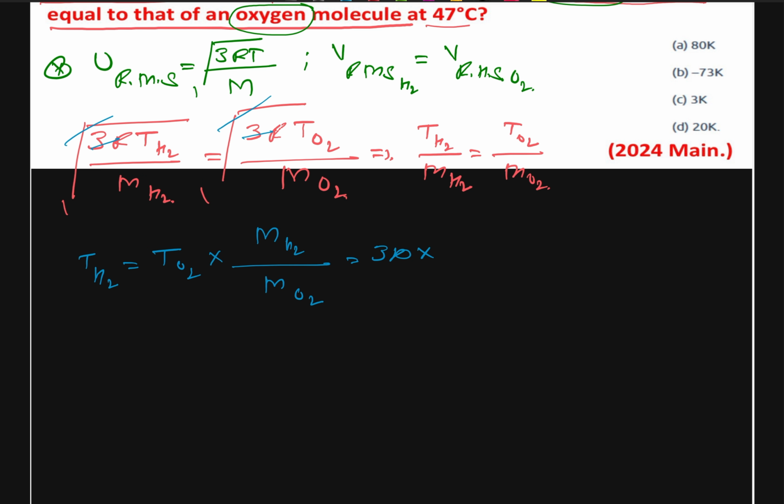Divided by the molar mass of hydrogen, which is 2 grams, and for oxygen it is 32. And 32 goes by 10 here, so we get this equal to 20 Kelvin. So option D is correct.